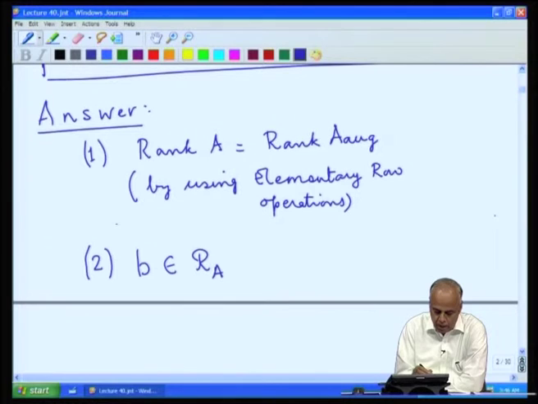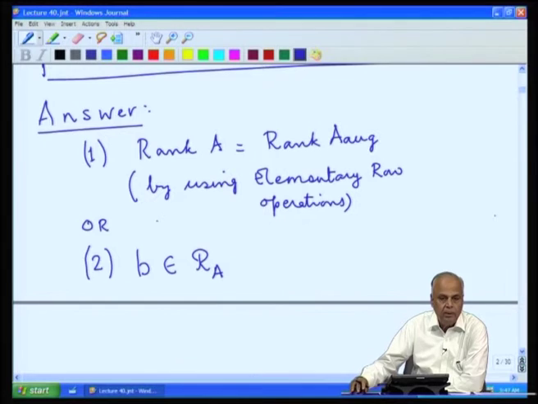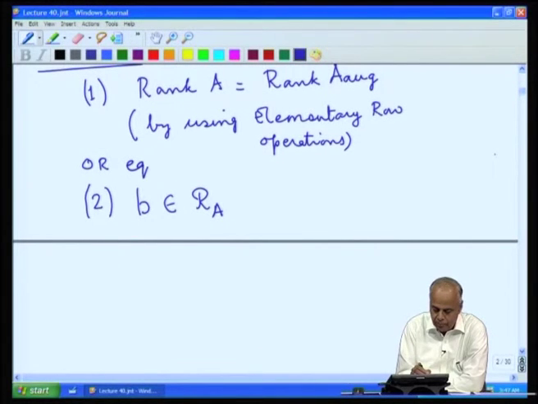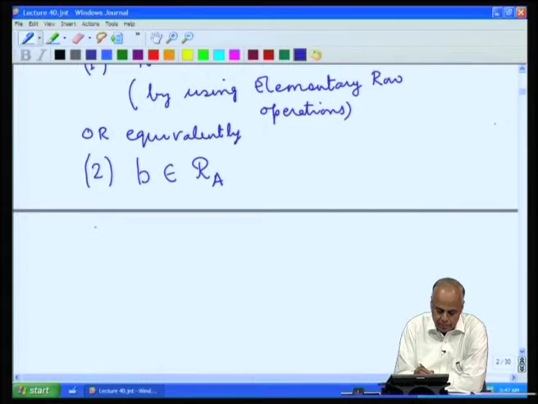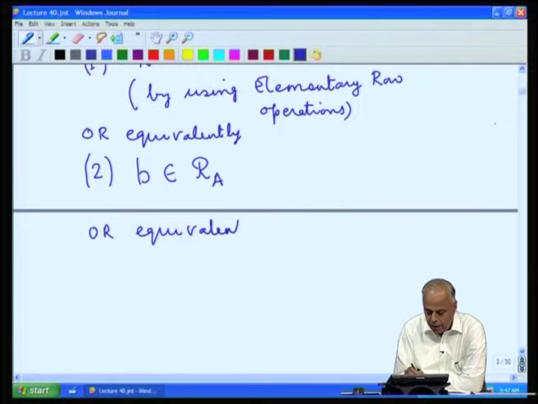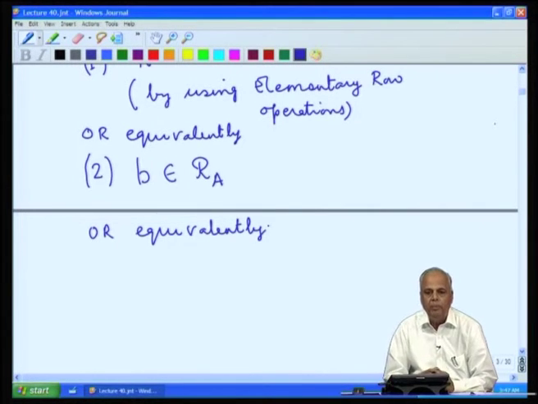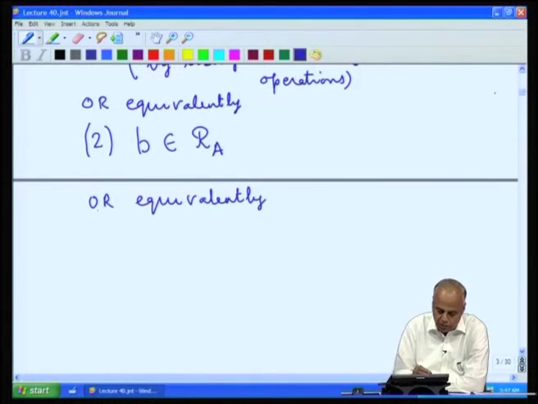Or, looked at in another manner, the same thing can equivalently be stated as B belongs to the range of A. Now, we found that the range of A is the orthogonal complement of the null space of A transpose, and therefore, B belonging to the range of A simply means that B must be orthogonal to all the vectors in the null space of A transpose.